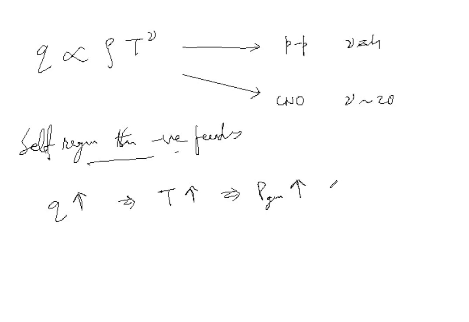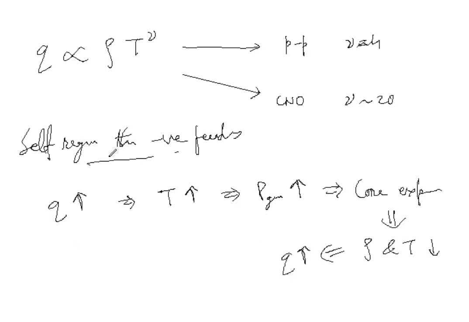And so it will dominate over the gravitational force and our core expands. Now when the core expands, the density will decrease and also the temperature will decrease. So you see, now as temperature decreases, Q will decrease. So we have got a negative feedback mechanism, and this is the reason for the self regulation in stars.